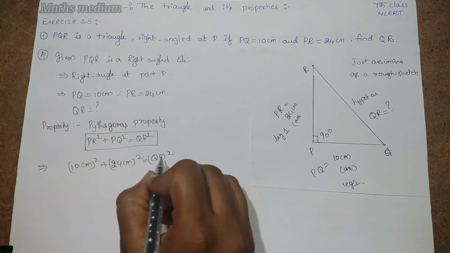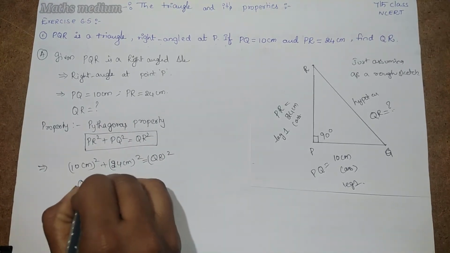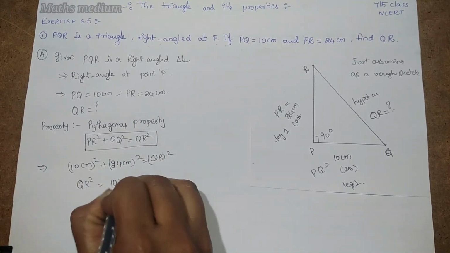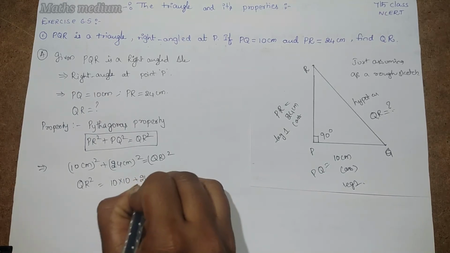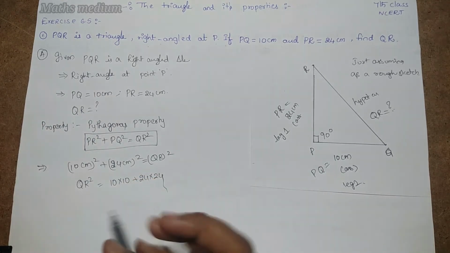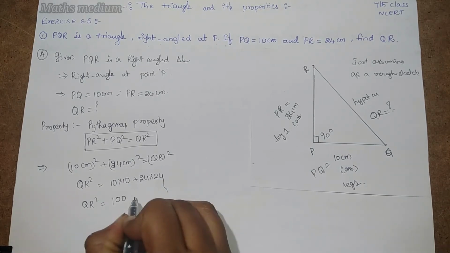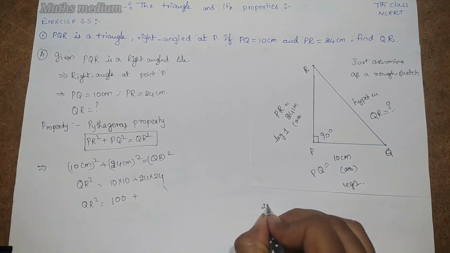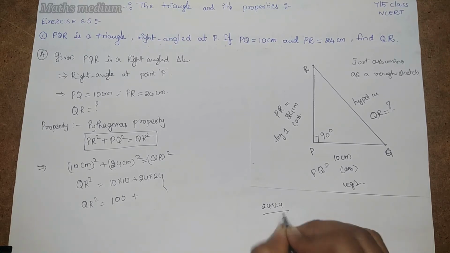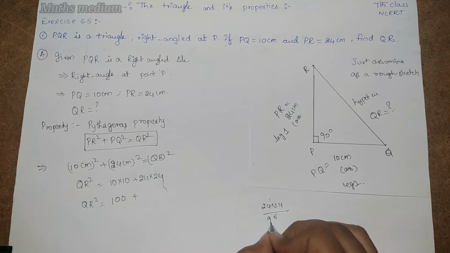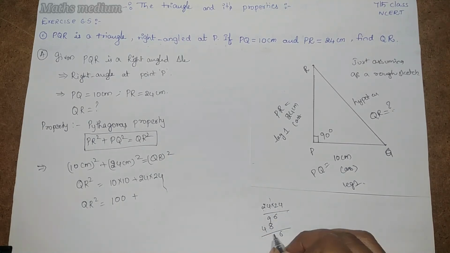Now we have to find the QR square. QR square is equal to 10 square, 10 into 10, plus 24 into 24. QR square is equal to 100 plus 24 into 24. We get 4 4s are 16, 4 2s are 8, 9, 2 4s are 8, 2 2s are 4, 6, here 17, 576.